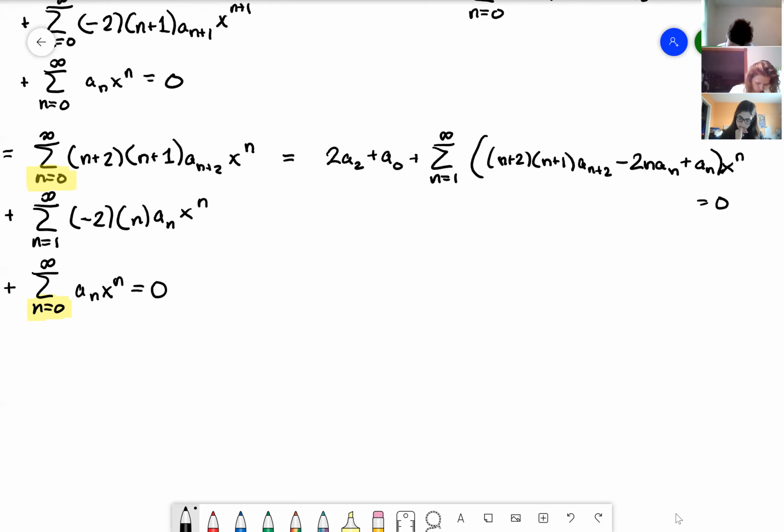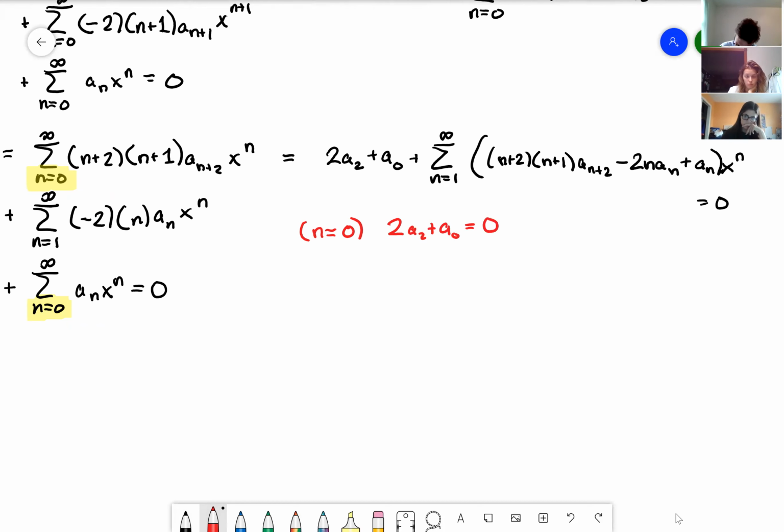Okay, I'm back. So I do this n equals 0 case separately. Oftentimes, the separated case ends up being just a specific case of the general case. But just in case that doesn't work out, let's say 2a_2 plus a_0 equals 0.